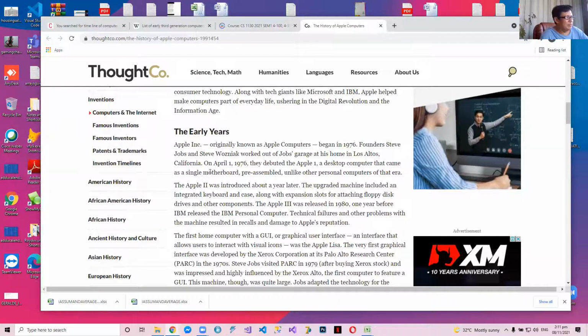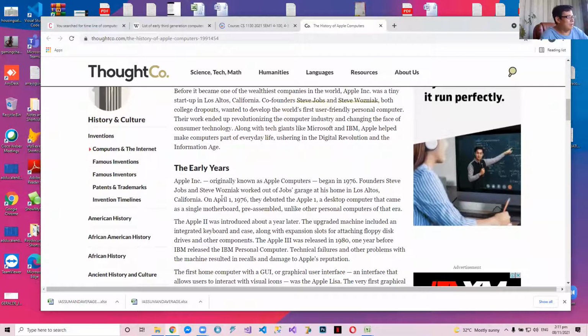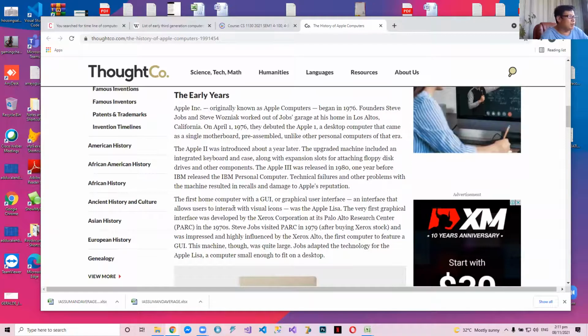Unlike the personal computers of that era. The first personal computer or microcomputer is Altair, no? 8008. Okay. And Apple was one of the commercially popular computers, which was released in 1976.